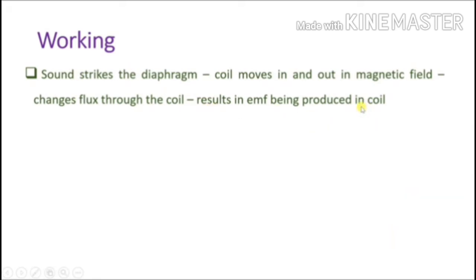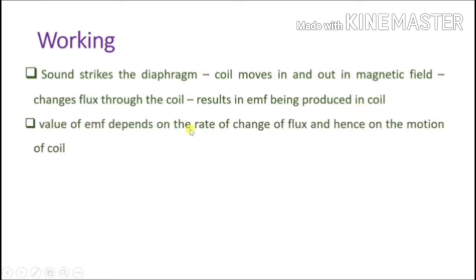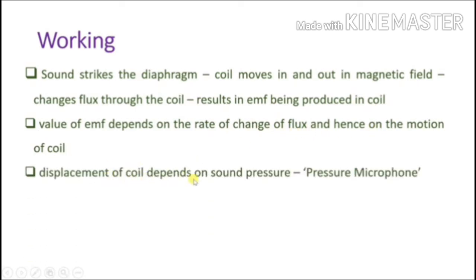The value of EMF depends on the change in flux. Hence, displacement of the coil is happening because of pressure, so it is even referred to as a pressure microphone, and that motion of the coil will generate an electrical signal having the same proportion of amplitude, frequency and phase of sound.